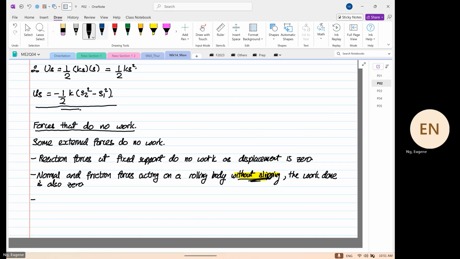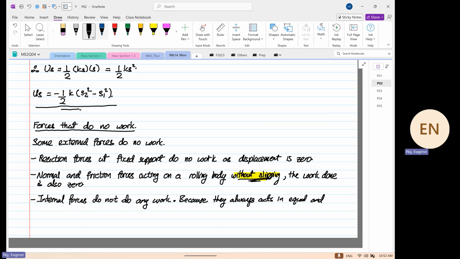So the last one are your internal forces. They do not do any work, and the reason is that they always act in equal and opposite directions.